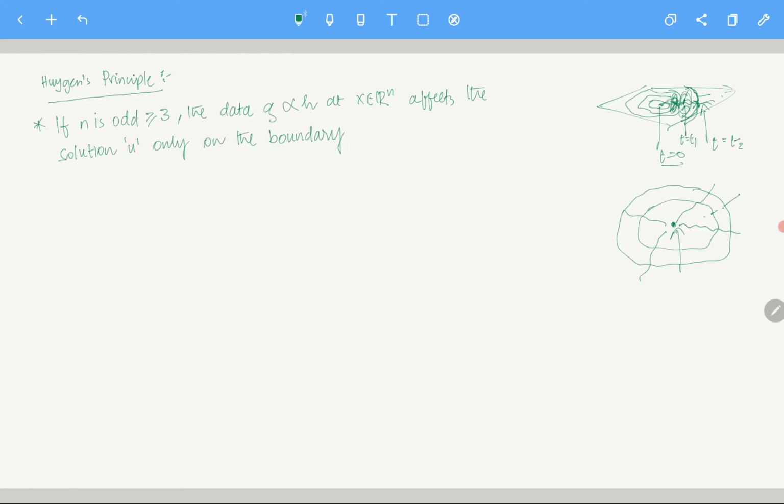Clear? Only on the boundary. That is what we saw, right? The points (y, t) such that t is positive and |x - y| = t. Clear? Okay. Of the cone, the points (y, t) such that t is positive.